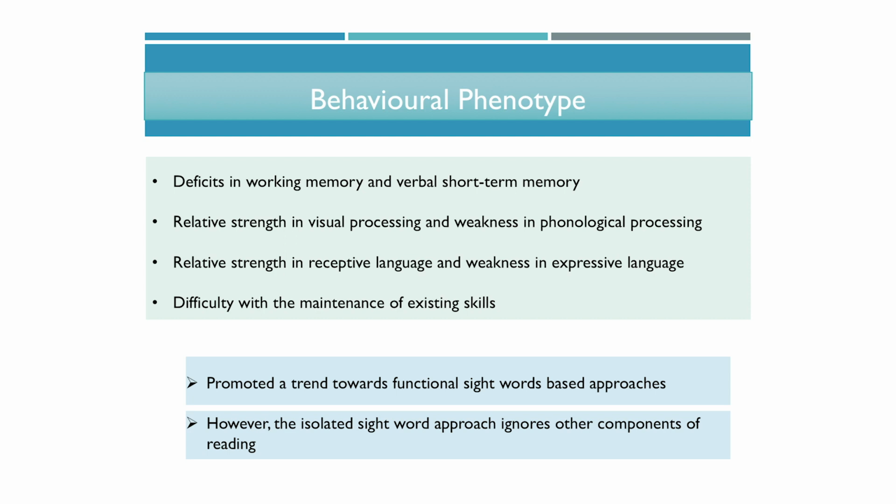So what Susan was talking about, things that we see are much easier to process than the auditory information coming in. And a relative strength in receptive language and weakness in expressive language. And a difficulty with the maintenance of existing skills. So that idea of generalizing the skills they've learned and maintaining those skills going forward.